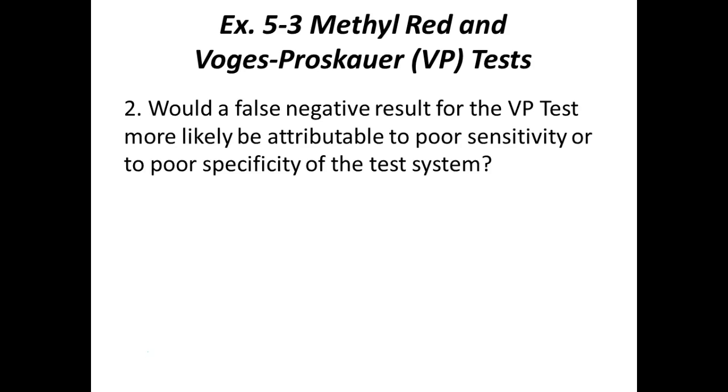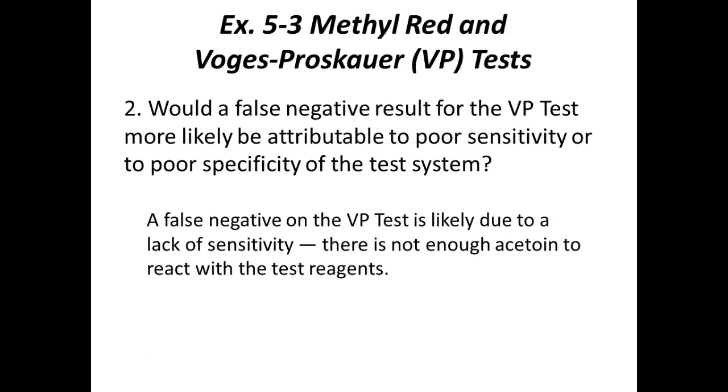But is there a certain limit to the sensitivity? Yeah, we have to be able to see that red color, right? So here it's a sensitivity issue. When you're looking for a color change, or to be able to see something, this is usually a sensitivity issue. So if there's not enough acetoin to react, not enough to produce that red color that we would actually see.